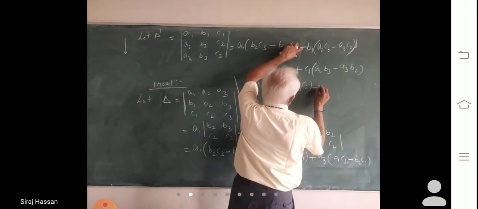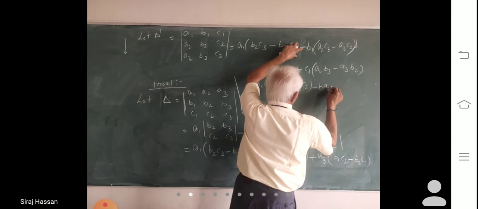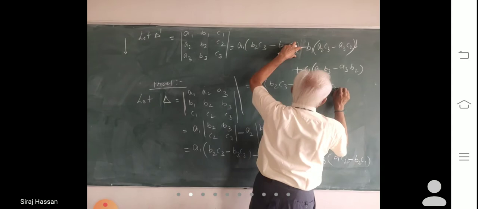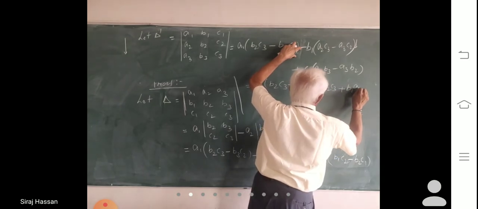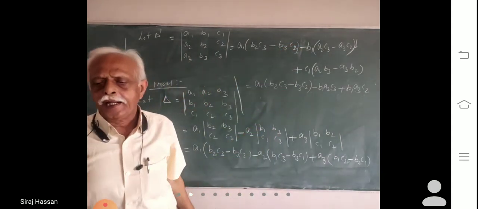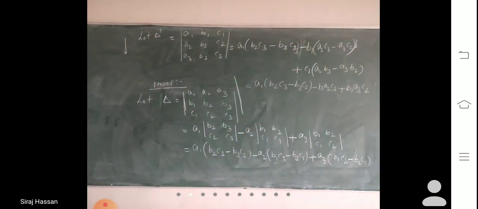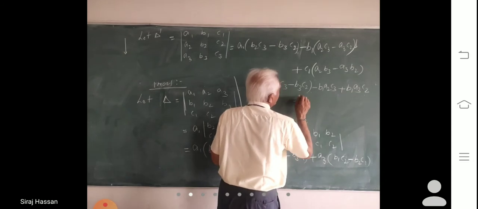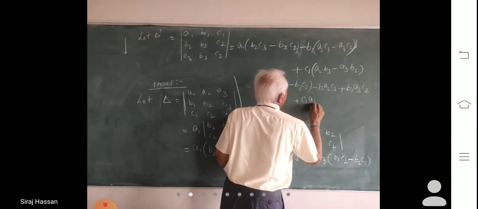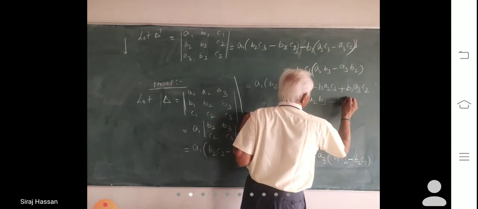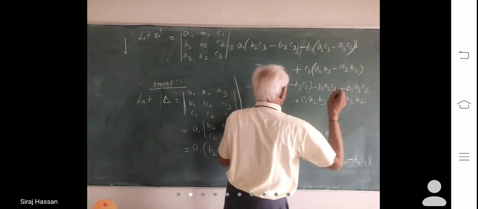Minus B1, A2 C3, minus into minus is plus B1 A3 C2. Expand correctly. Now this is plus C1 A2 B3 minus C1 A3 B2.